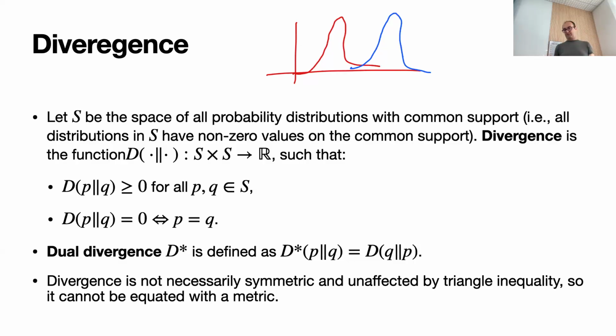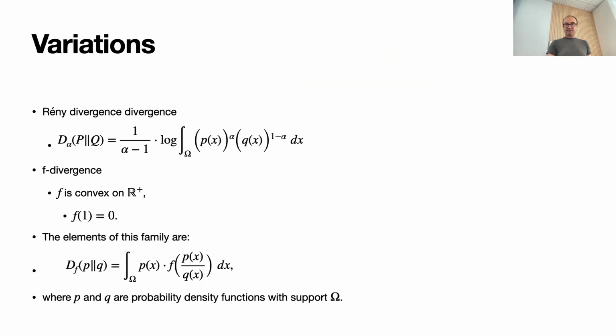There are a lot of definitions of how this divergence operates. I'm not going into details. The goal is for you just to realize that there is such a tool that can measure how distant two distributions are. Let's see how we can exploit this.